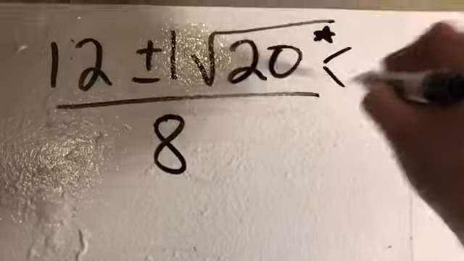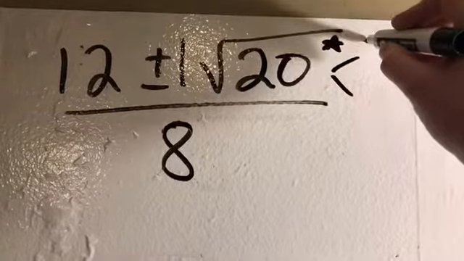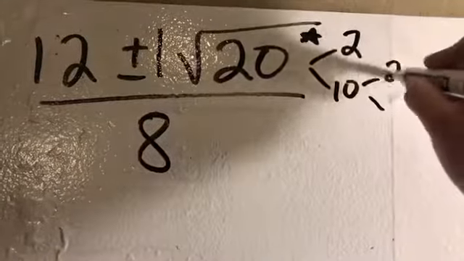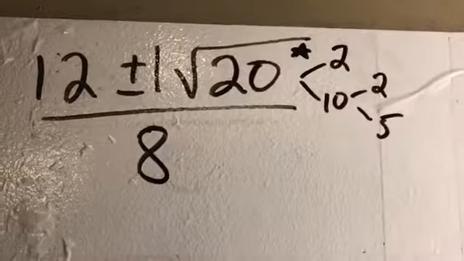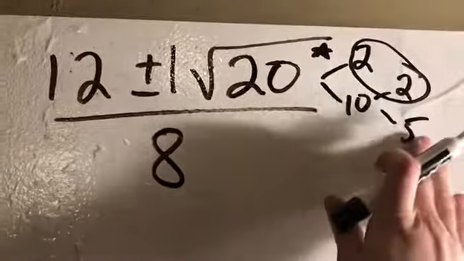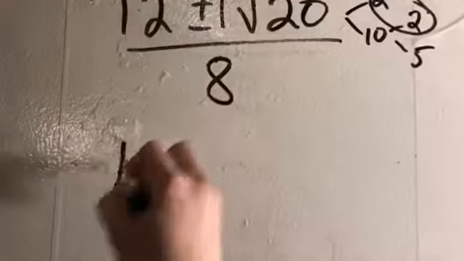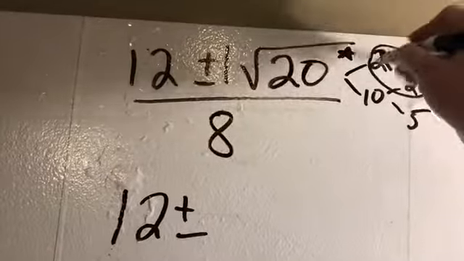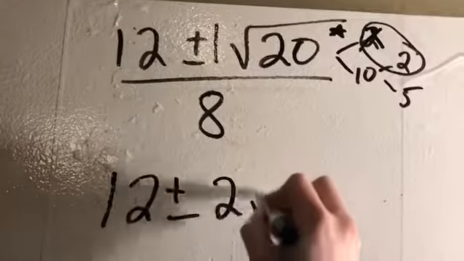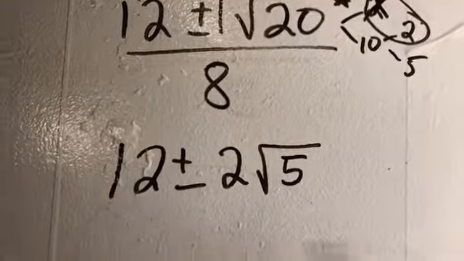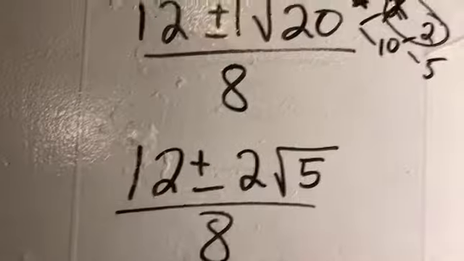So right here, I know that 20 can be broken down into 2 times 10. 10 can go into 2 times 5. I see here that I have a pair of 2's that can escape, and then a 5 will stay in here. So I can rewrite this as, when I have a pair, 1 dies, 1 escapes. The 5 doesn't have anywhere else to go, and that's still all over 8.